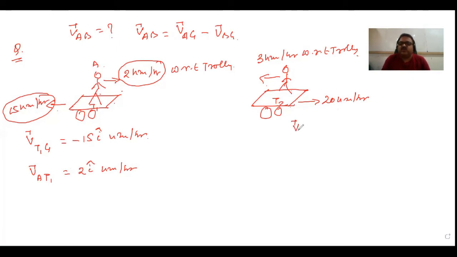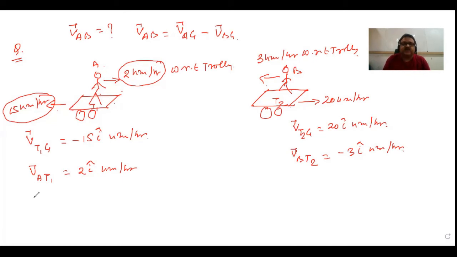Velocity of the trolley T2 with respect to ground is 20 I cap km/h. And what is the velocity of this person? I'm naming this person as B. So velocity of this person B with respect to trolley T2 is minus 3 I cap km/h.